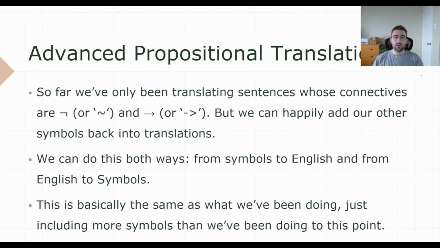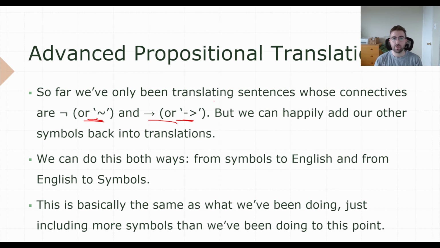So far, we've only been translating sentences whose connectives are the not symbol, the negation symbol, or the shortcut we've been using in Carnap, and the if-then symbol, or again, this shortcut we've been using in Carnap. But we can add our other symbols back into our translation, and it won't actually be that much harder.